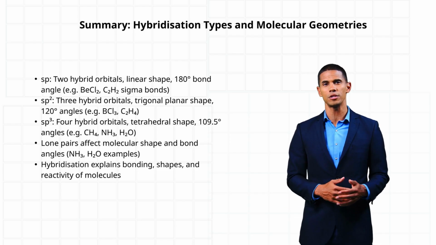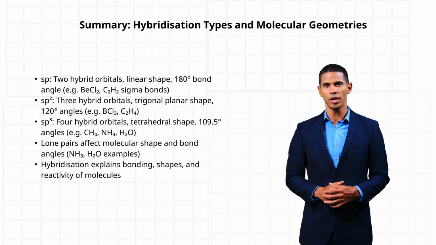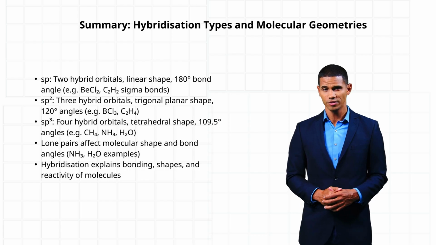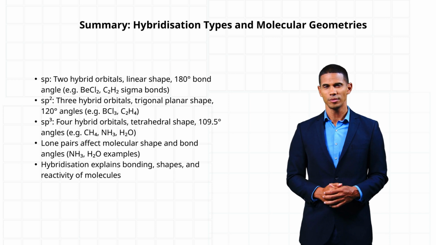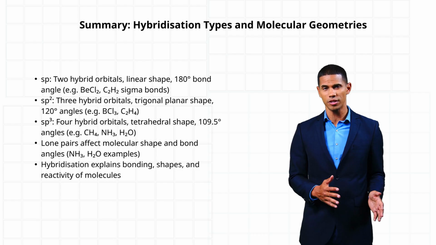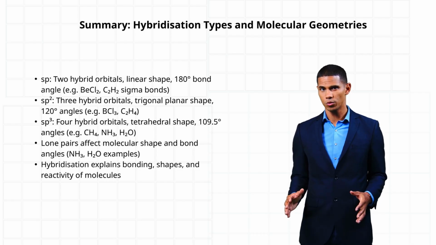Understanding hybridization gives us a powerful tool to predict molecular shapes, bonding types, and even reactivity patterns in chemistry. I encourage you to keep exploring these concepts, visualize the orbitals, and appreciate the elegance of molecular architecture. You are doing great.